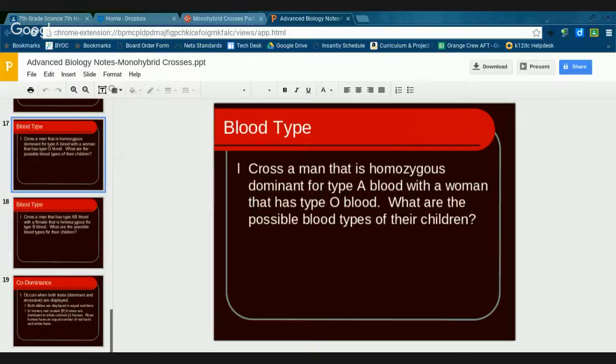Or sorry, that's their genotype, AO. Their blood type, all of them are going to be type A blood. We can't get O blood because dad doesn't have an O allele to give. We're not going to have B blood because neither one of the parents has the B allele. Same for AB. There's no B allele, so we can't end up with that.